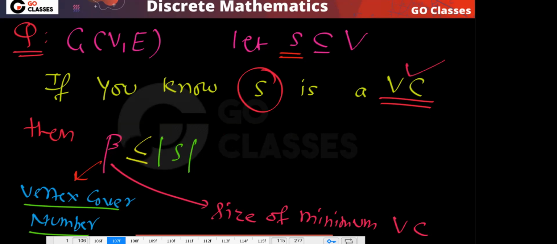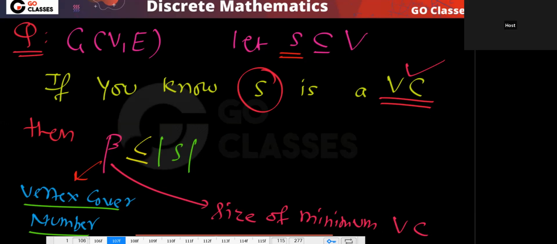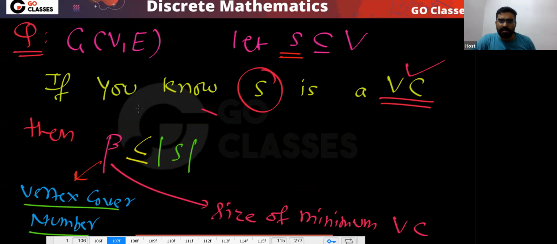If this is already a vertex cover, then the minimum vertex cover will be less than this. S is already a vertex cover, like in your hand you already have a vertex cover. So the minimum vertex cover should be less than or equal to this. Correct? Because this is the minimum.